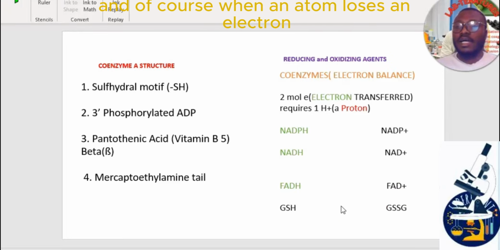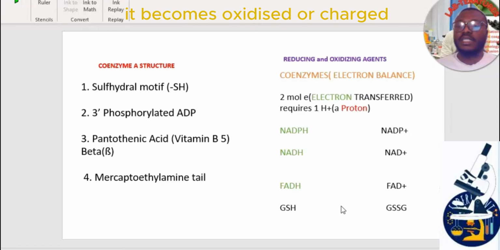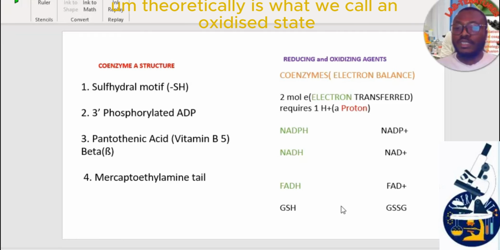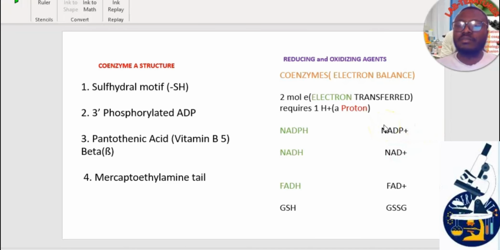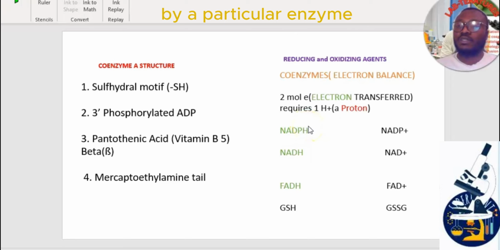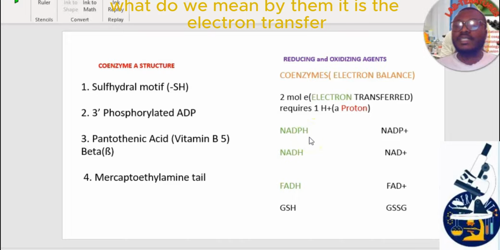When an atom loses an electron, it becomes oxidized or charged. The charged state, which is an integer, is what we call an oxidized state. And when an electron is received by a particular coenzyme, we say it has been reduced. What do we mean by them? It is the electron transfer.